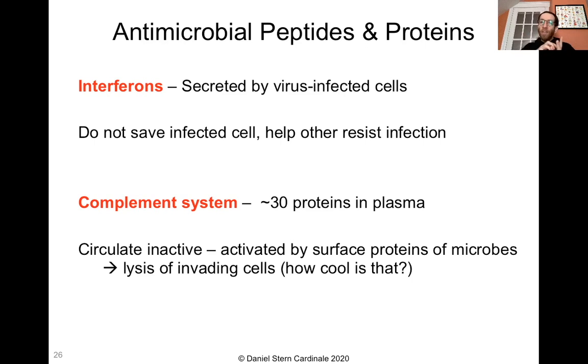Once they bind to the surface of the microbes, they trigger the lysis of those invading cells. And we're going to talk about the mechanism next time, because in order to work, it requires part of the adaptive immune system. But basically, you have these proteins that go around, and when they bind to the surface of a pathogen, they trigger the destruction of that bacterial cell, which is super cool. And we're going to see that mechanism in more detail next time.